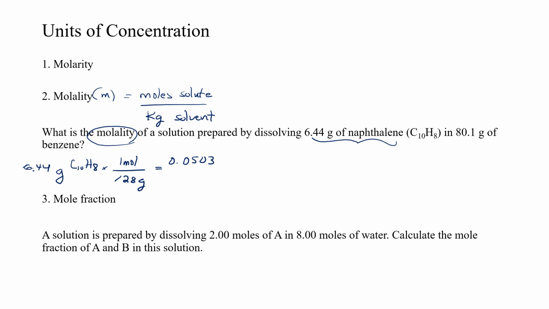I'm rounding the number that I'm getting from the calculator to 3 significant digits because I have my given amount here in 3 significant digits, so I'm keeping 3. And then you have the mass of the solvent, which is the 80.1 grams. If you want to convert grams to kilograms, in every kilo you have 1,000 grams.